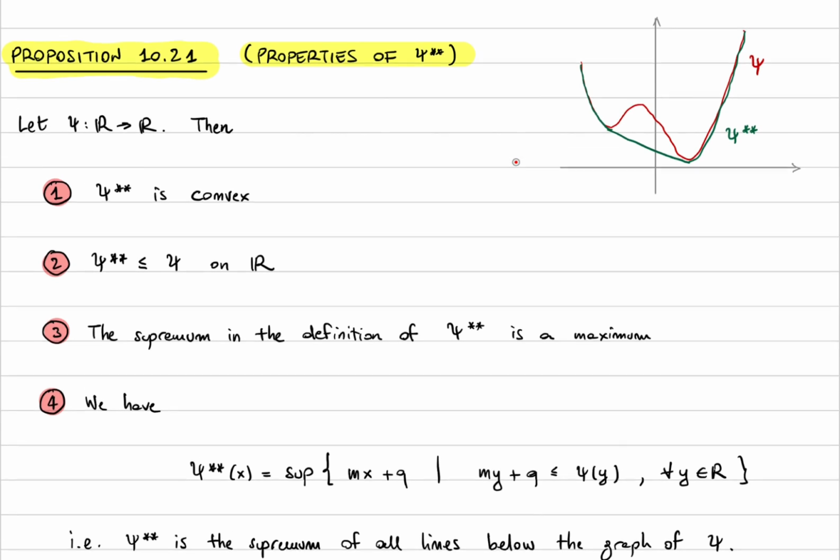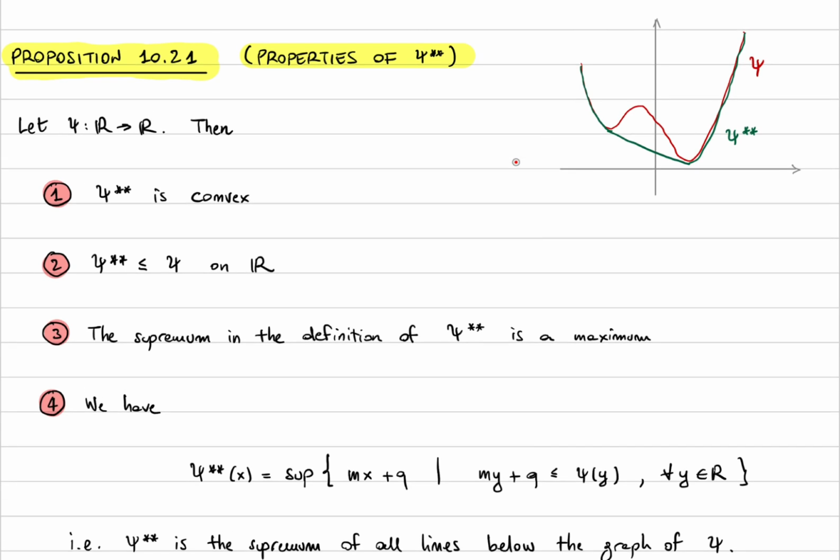And for example, just to have a pictorial representation of what is going on, this is a profile of a function psi, which is non-convex. And in this case, the relaxation coincides with psi in the parts of the graph where psi is convex, so these two parts.